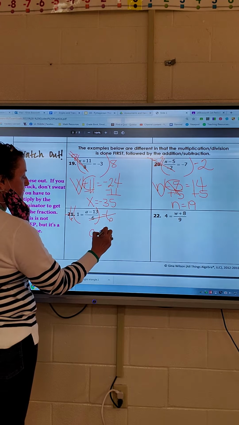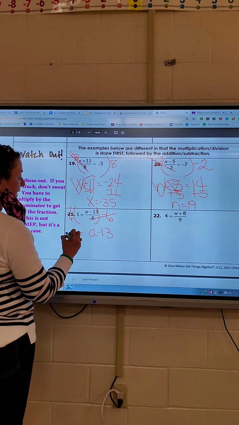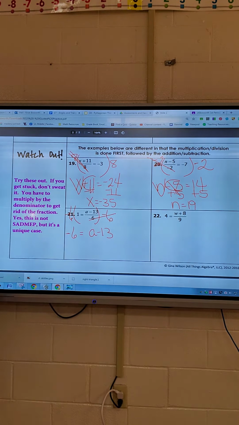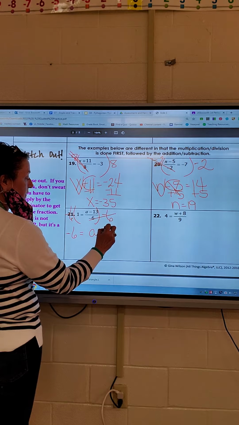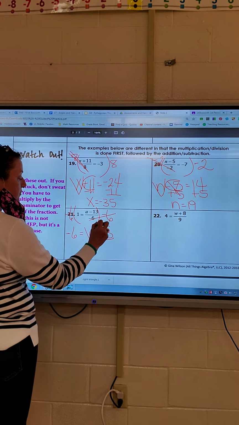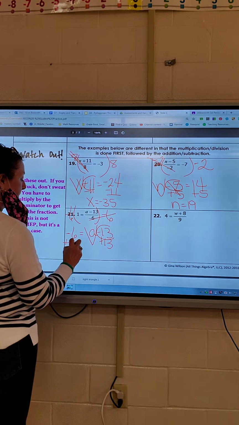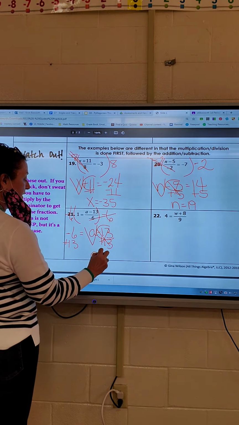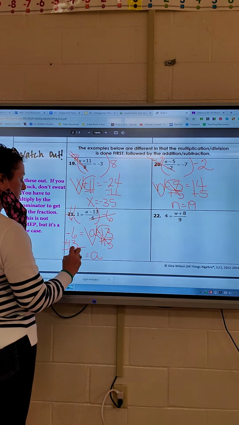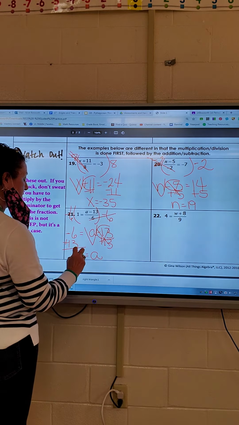And I get a minus 13 on the right and a -6 on the left, because -6 times 1 is -6. Here's my constant term. Here's my variable term. So I'm going to add 13 to both sides, and a is equal to a positive 7.